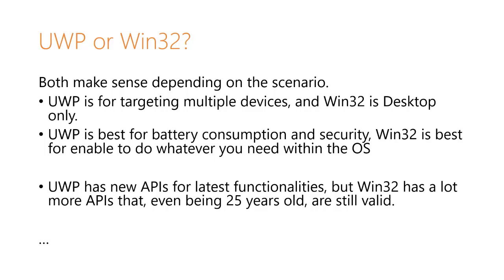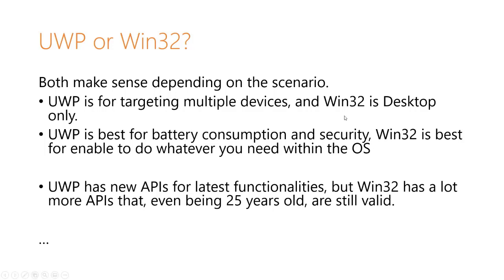On the other hand, on UWP, we can call Win32 components. So it's not a matter of which API you can use on which platform. It's not a matter of which control, Windows 10 control, Windows 10 animation, composition we can use on each platform. It's just a matter of choosing the app model you would like for your application.